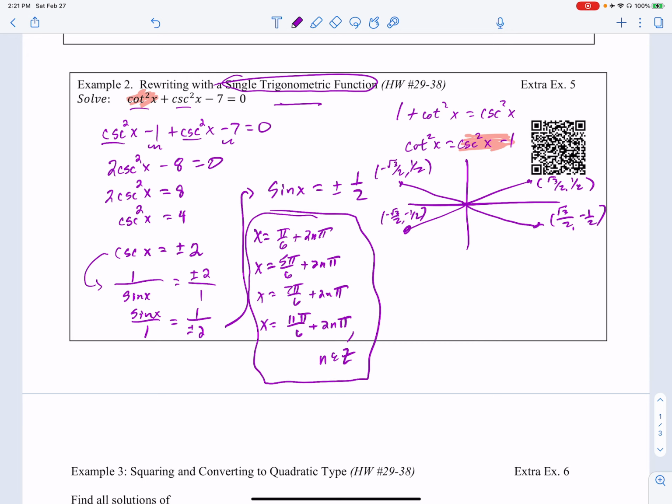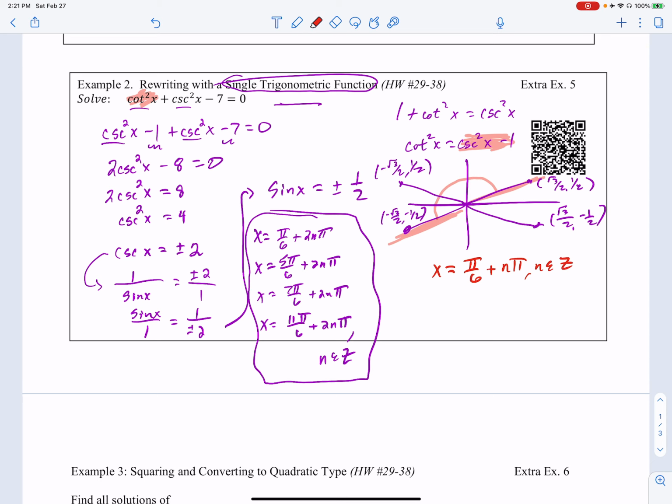Now, it just so happens that since I want where it's both positive and negative, from quadrant 1 to quadrant 3, it's a half a turn. It's an addition of pi. So I could actually take care of those two by saying x is pi/6 plus n pi, n an element of the integers, and that would get the quadrant 1 and the quadrant 3, one place where it's positive 1/2, one where it's negative 1/2, and multiples of that.